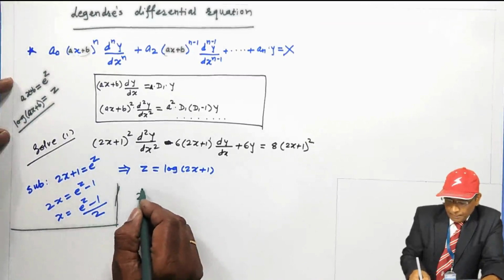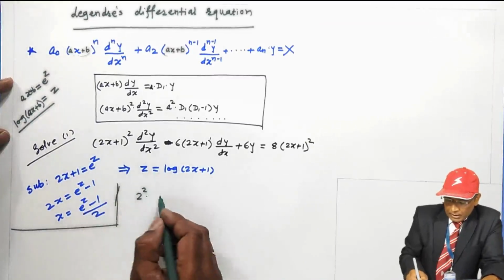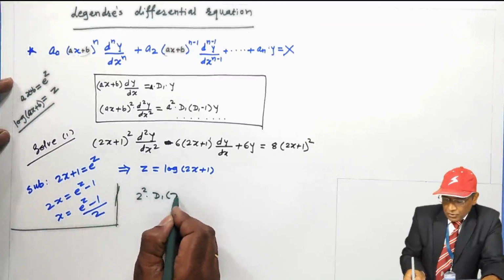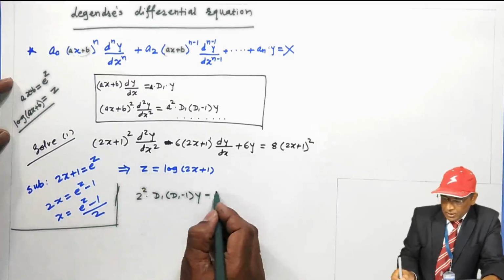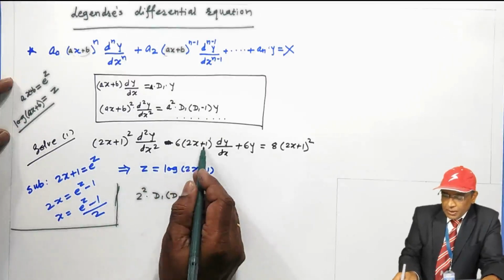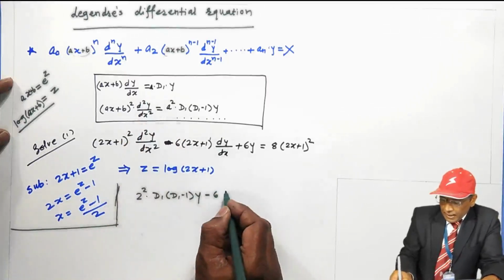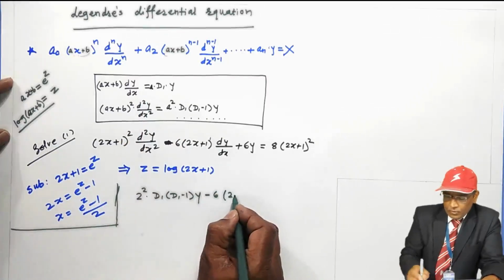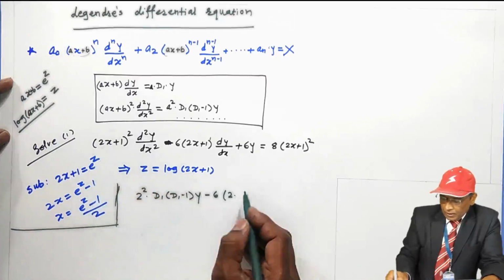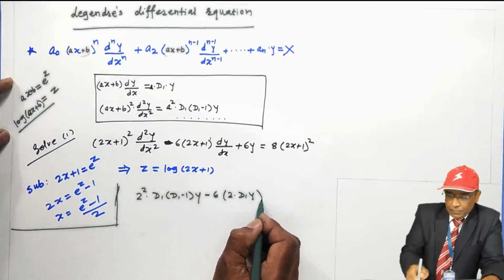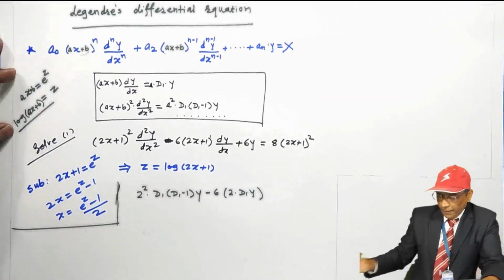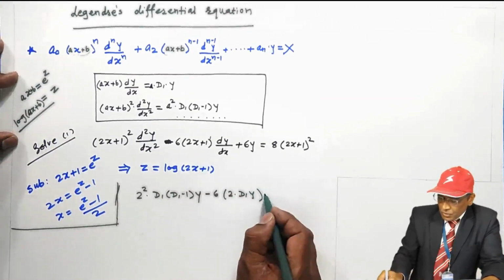So 2 square, D1 (D1 minus 1) y, minus 6 (ax plus b) dy by dx is replaced by a multiplied by a, which is 2 here, D1 y, okay, D1 y, plus 6y.